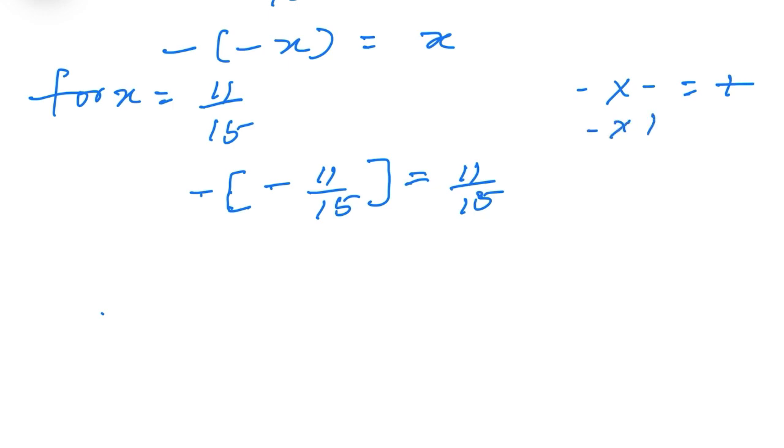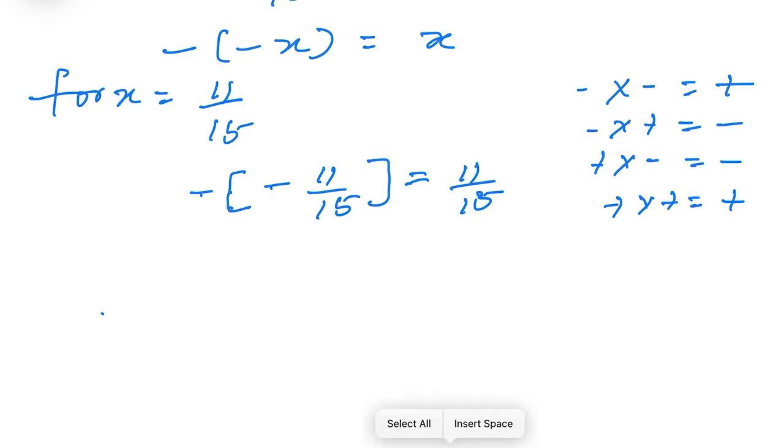Minus into plus, that is equal to minus. Plus into minus is equal to minus. Plus into plus, that is equal to plus. So likewise it becomes plus 11 by 15. 11 by 15. So you got same on both sides.